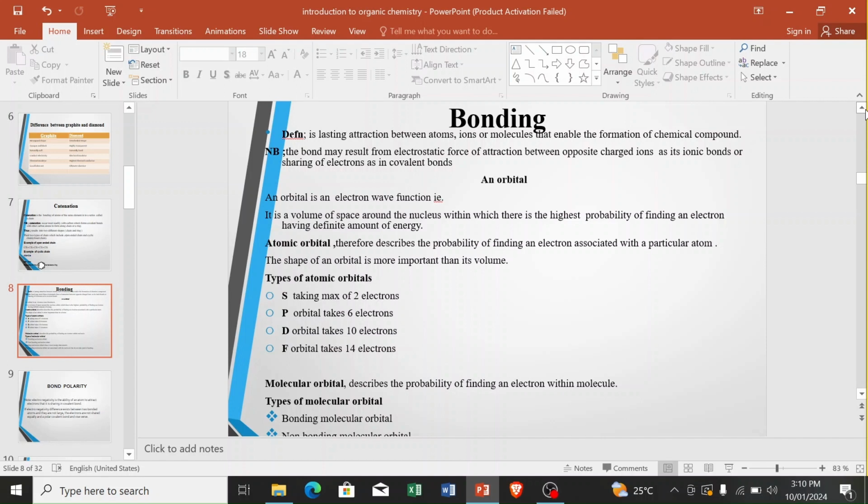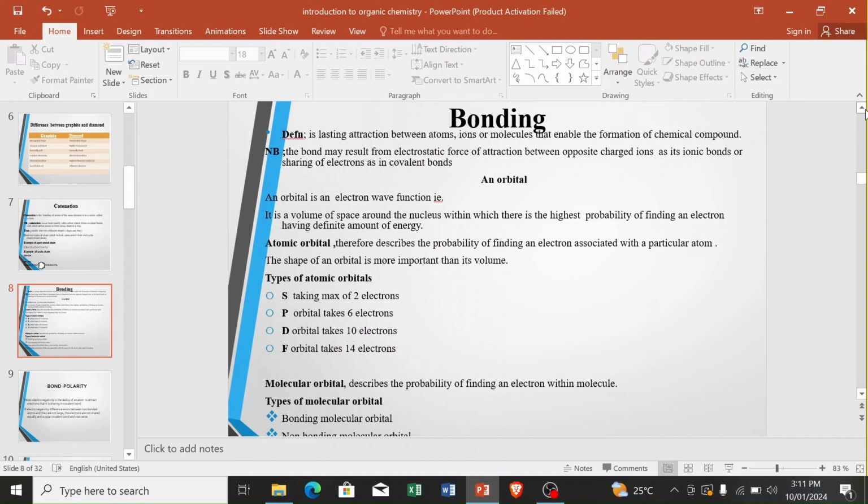Okay, so that takes us to understanding what an orbital is. An orbital is an electron wave function. It is a volume of space around the nucleus within which there is the highest probability of finding an electron having a definite amount of energy.